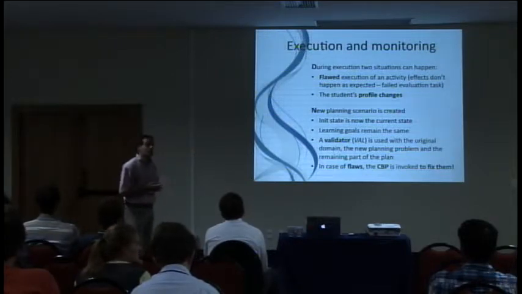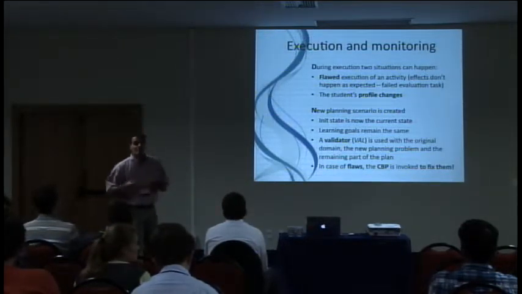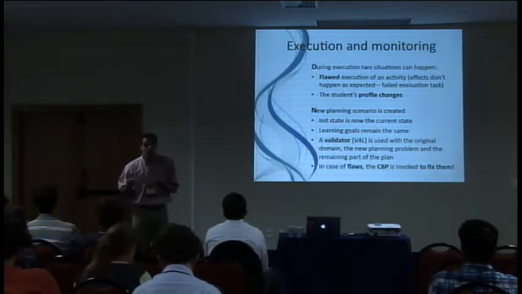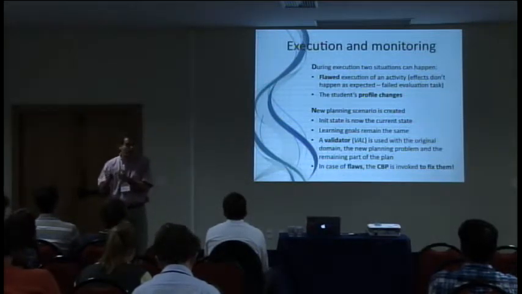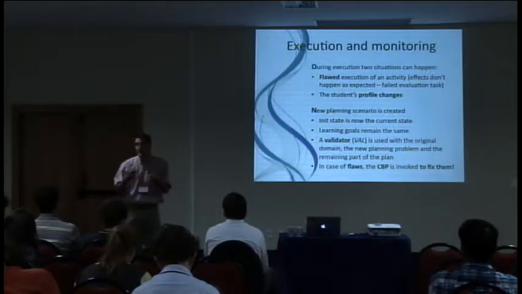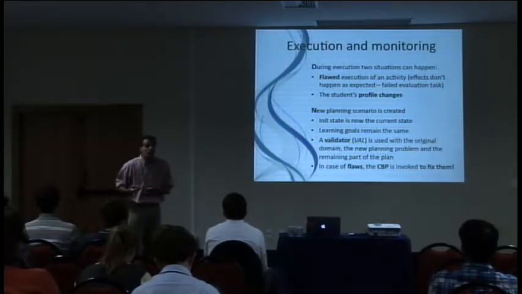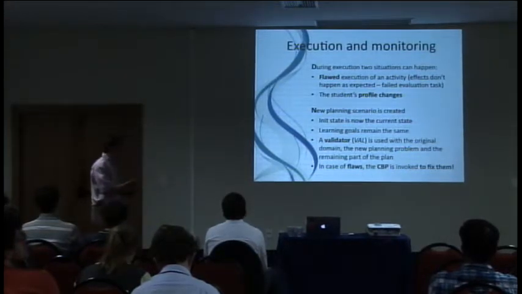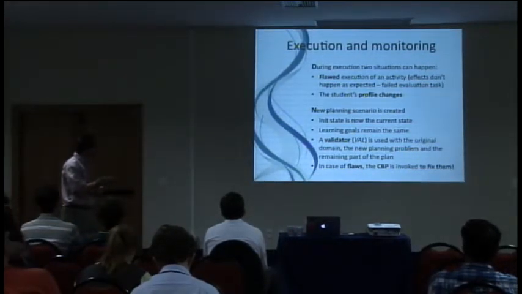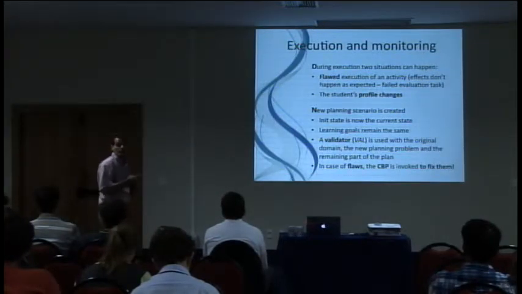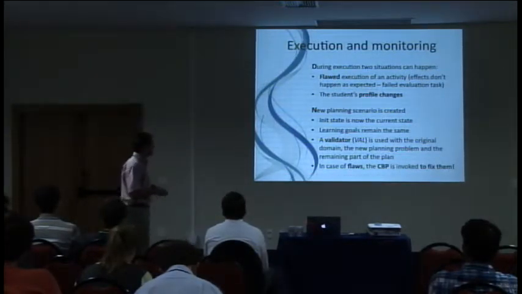The second possibility is that the profile of the student changes. For instance, at the beginning I had one kind of results, and in the middle of the plan I don't have that result. So that means that perhaps some of the remaining learning objects are not valid anymore. What we do here is to create a new planning scenario to fit the new circumstances, to fit the new problem.